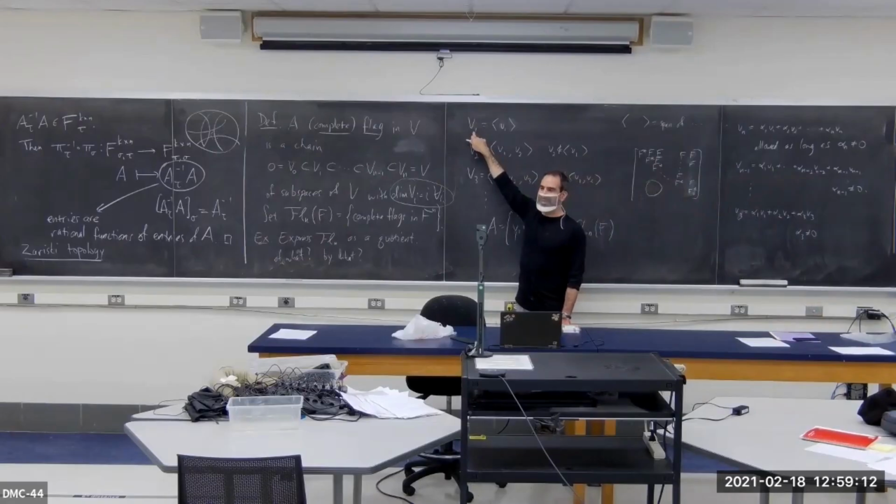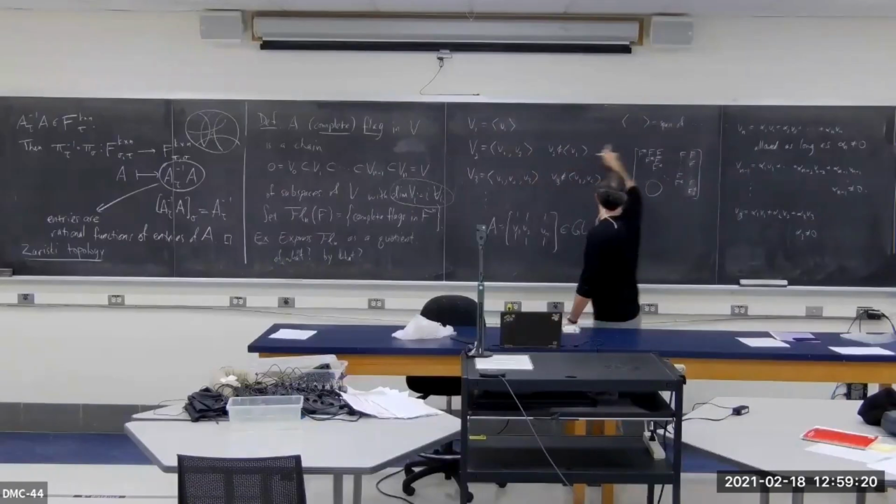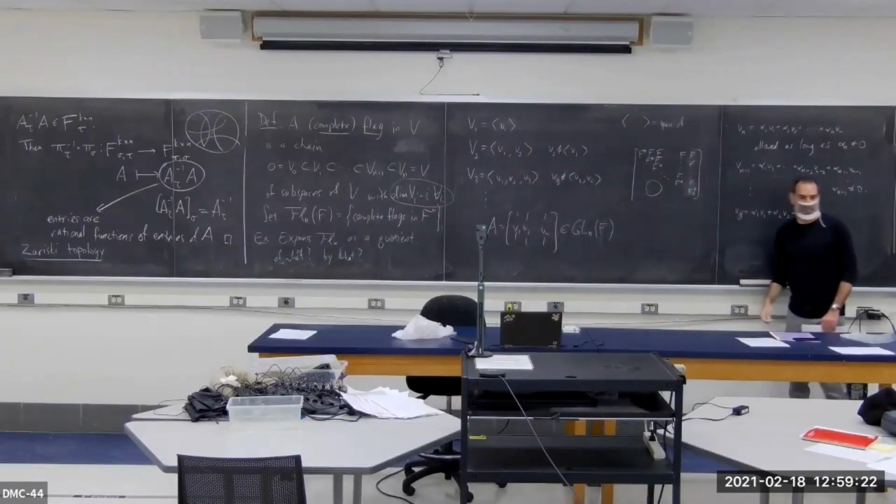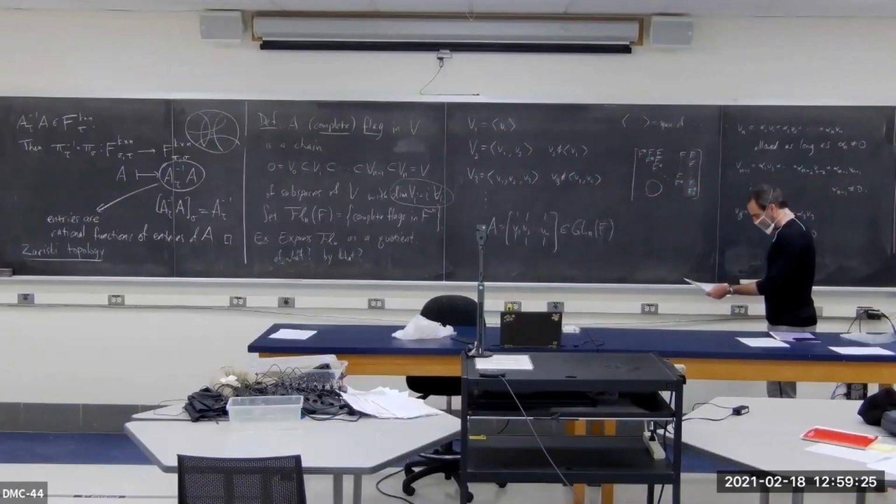How do I span a line? I choose a basis vector for the line. That basis vector can be any scalar multiple of V1 as long as it's not the 0 scalar multiple. That's what this one is saying. Okay, so let me make a definition here.